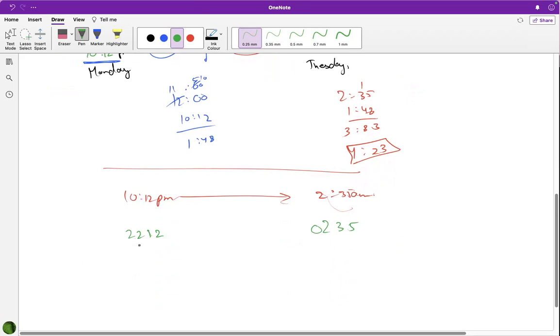But still, this was Monday and this is Tuesday. So I have to go through 24. So this is 1 hour 48 minutes and that is 2 hours 35 minutes. If this would have been the same day, we'd subtract 22:12 and 0235.